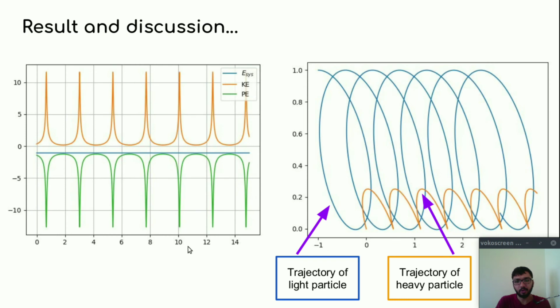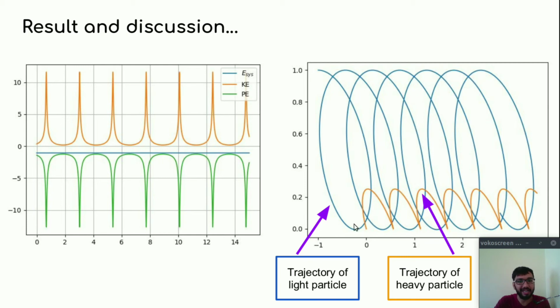And one more thing, guys, I have run this simulation for 15 seconds of normalized time, as you can see here, and I got 7 spikes, right? That means in 15 normalized seconds, they have come closer to each other 7 times. And I have also plotted the trajectory of these two particles.